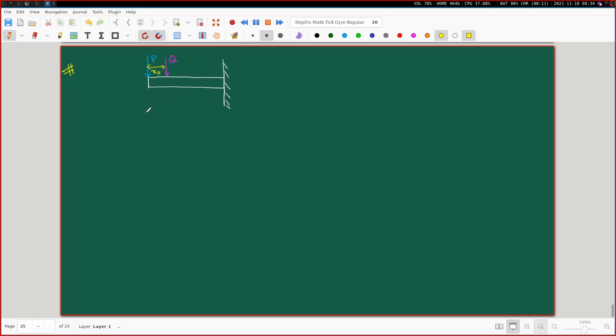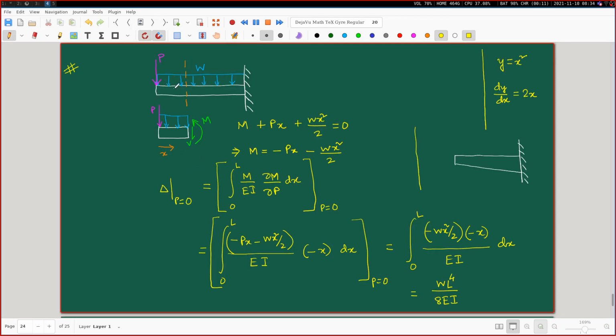So I suggest that for this simple problem you try this. The same situation is with the previous problem also. Suppose we have found WL to the power 4 by 8EI as the deflection at this end. But suppose instead I had asked the general question: what is the deflection at any point which is at a distance x naught from this end? Then you would have applied this force P, instead of at this end, at a distance x naught from the left end.